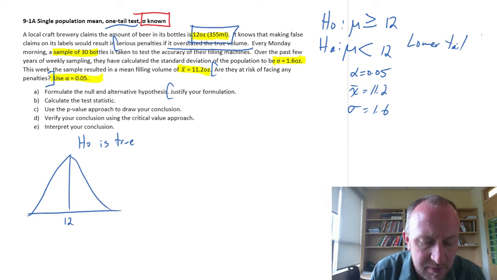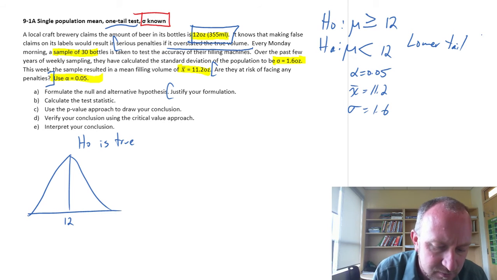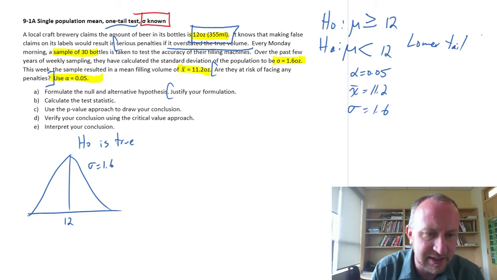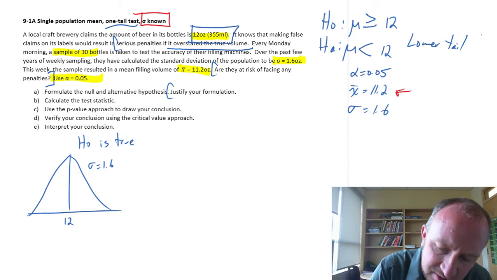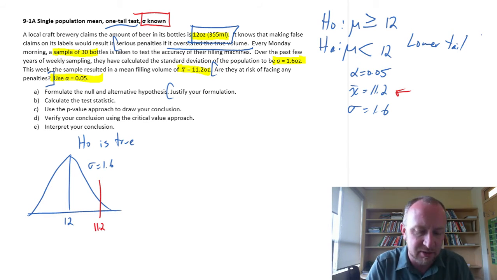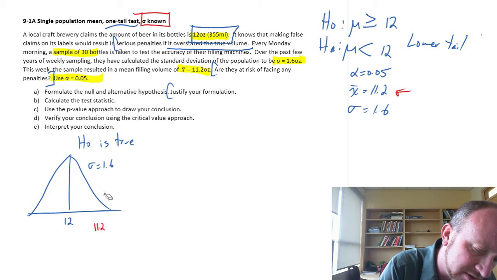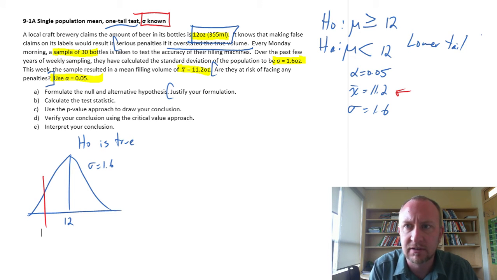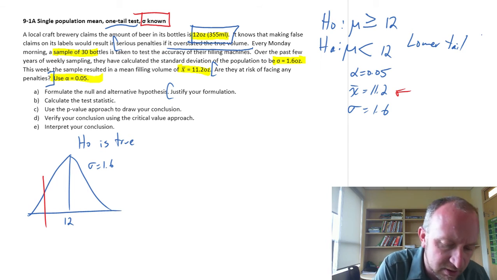Now, this distribution has a mean of 12 and a standard deviation of 1.6. From this distribution, we took a sample with a mean of 11.2. So let's say we're down here, at 11.2.